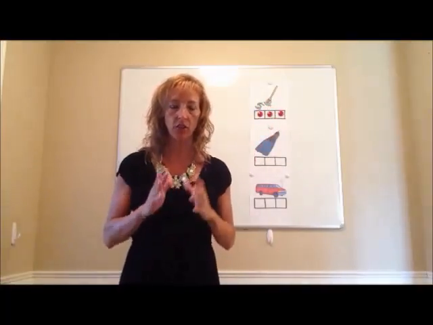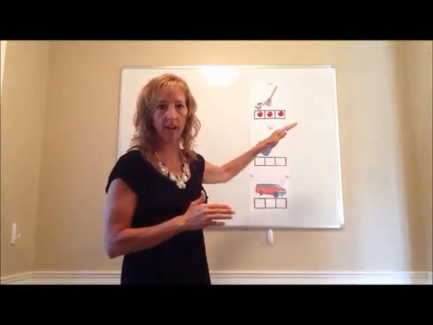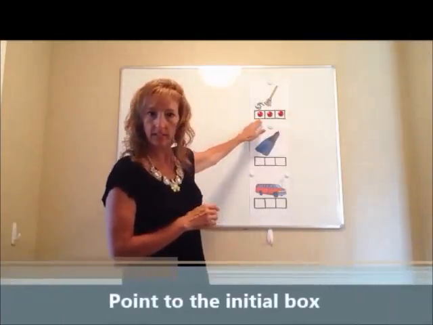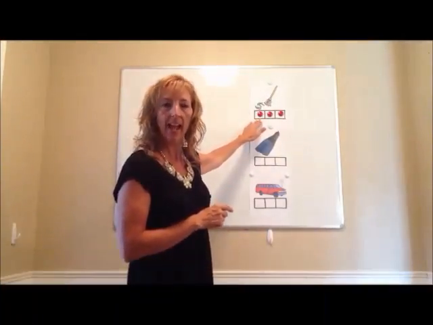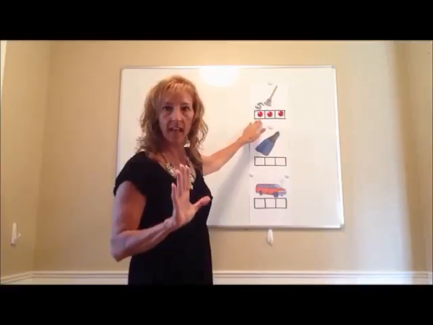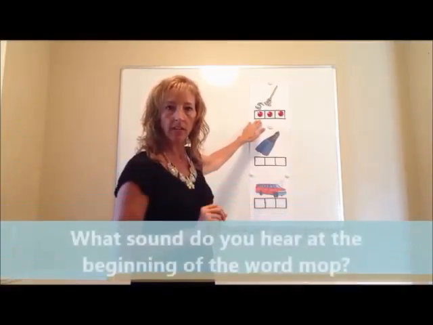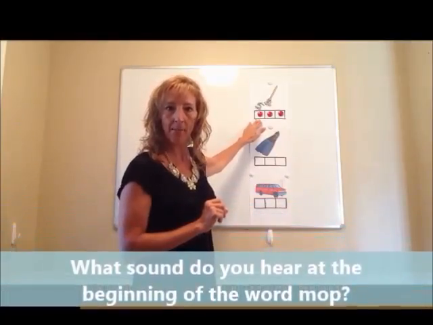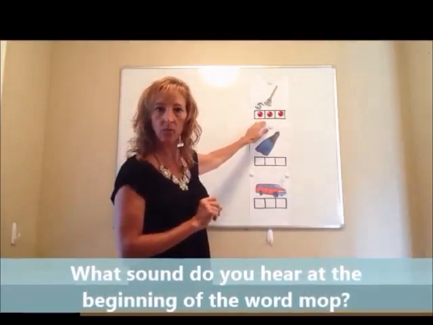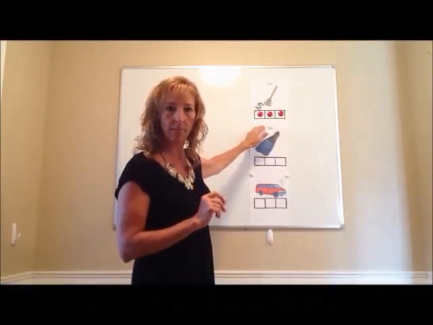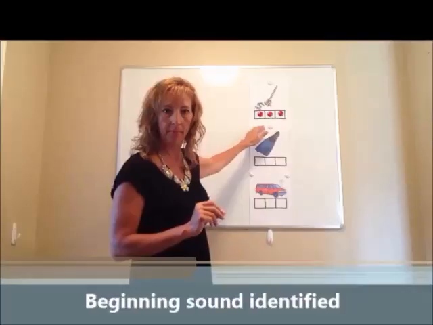After you do this, you're going to have students actually look at their sound boxes. You'll point to the initial box and then ask them, what sound do you hear at the beginning of the word mop? And they should start to say the word mop and they'll identify that beginning sound as m.